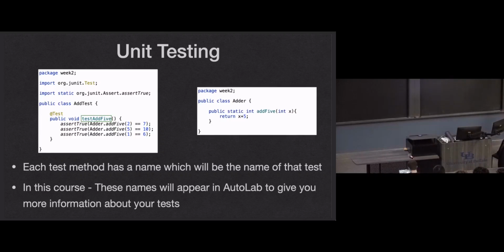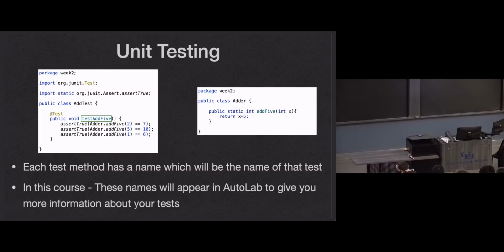And then your method name. You can name your test whatever you want. Nowhere in the homework documents will it ever say, write a test named this. This is just a method, so whatever method names you want to have. But the method name will match the name of the test. This will be important in the AutoLab feedback. It will give feedback on each of your specific tests. Right here, we only have one test in this test class, so this will make a little more sense later.